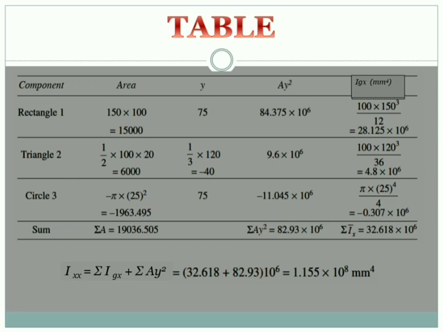The area of the rectangle is 150 by 100. Now y, the centroidal distance of the rectangle from the x axis, is given as 75. You can take it directly because 75 is mentioned in the figure. Then ay square, then Igx. Only Igx is to be calculated here.